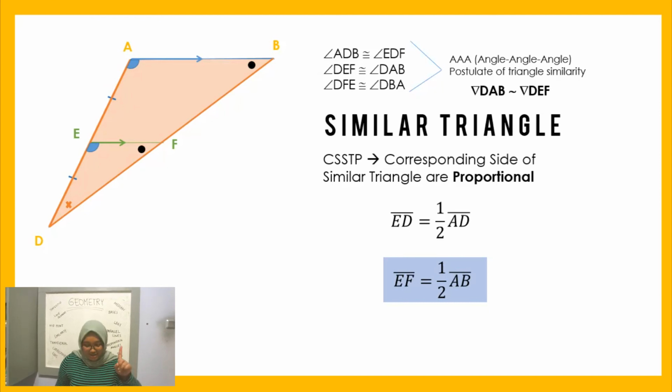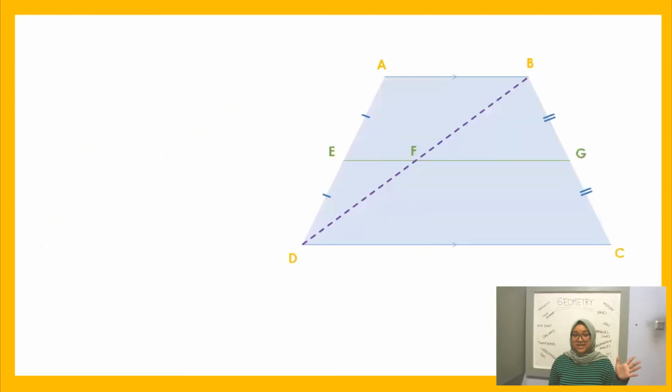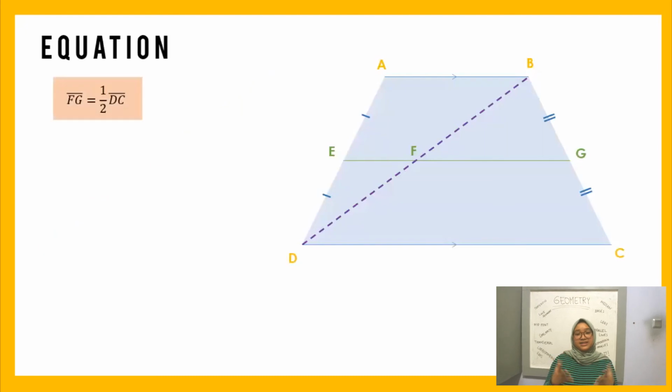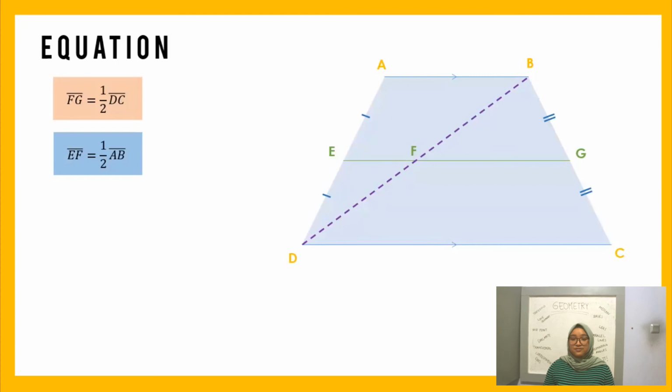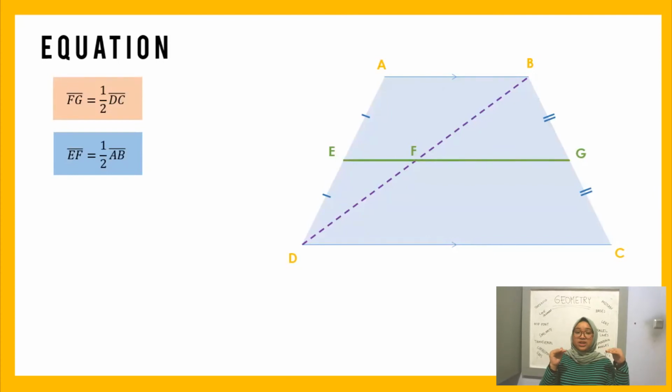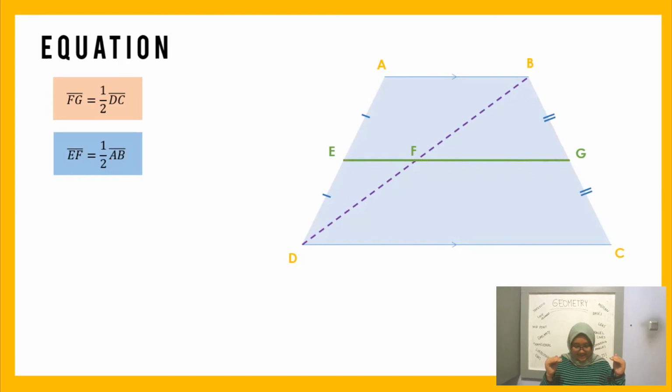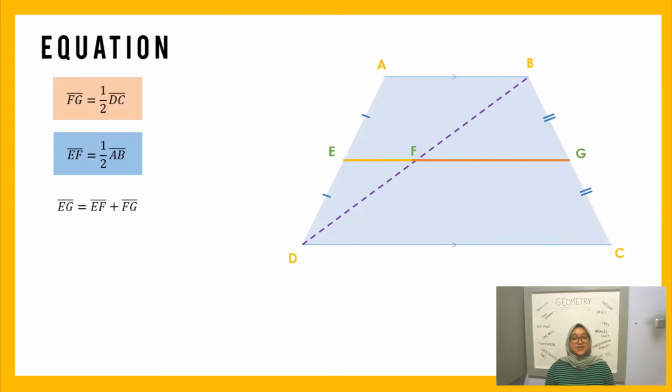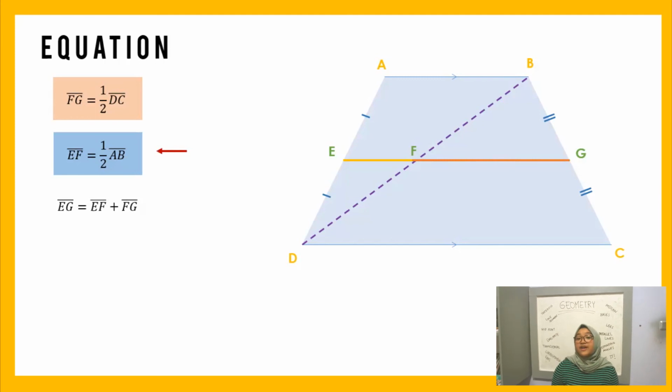So the first equation, we have FG equals half of DC. And the second equation, we have EF equals half of AB. Now take a look at the median. What does it consist of? Yes, it consists of the line EF and the line FG. So the line EF, we can substitute with half of AB.